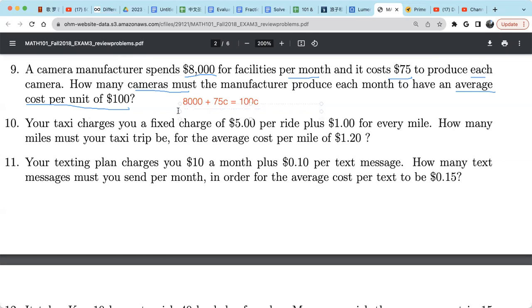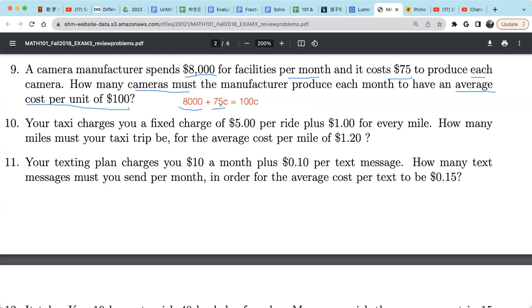So the first part is the cost is separated. We have two parts of cost. One cost is $8,000, like one time, right? One month. We don't know what the cost is. It could be rent, it could be anything. But then plus $75 for each camera.